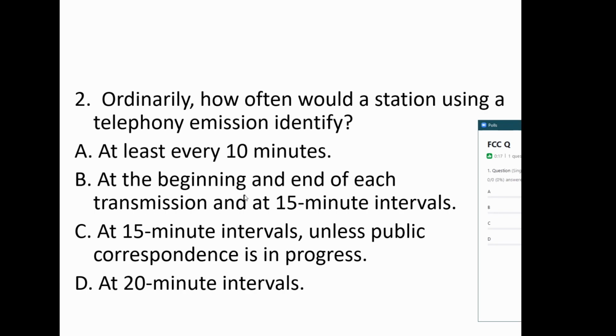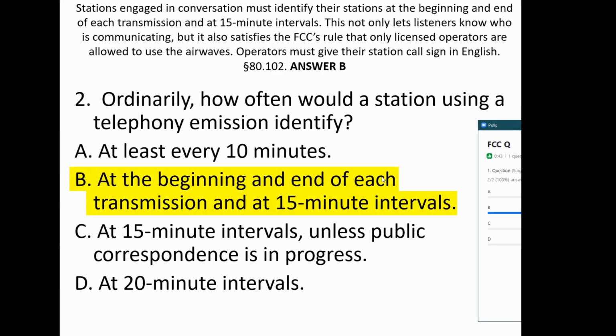B, at the beginning and end of each transmission and at 15-minute intervals. C, at 15-minute intervals unless public correspondence is in progress. Or D, at 20-minute intervals. Okay, I think we just read that, so we do know that it's at the beginning and the end of each transmission and at 15-minute intervals. So B.